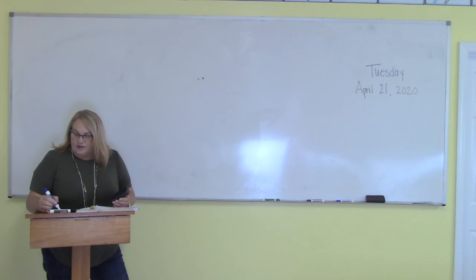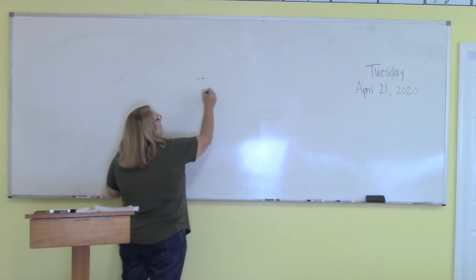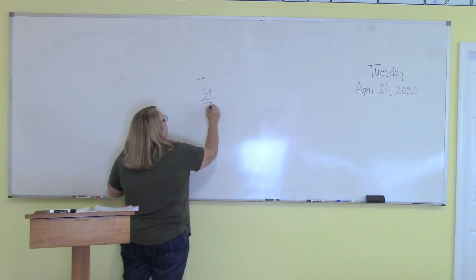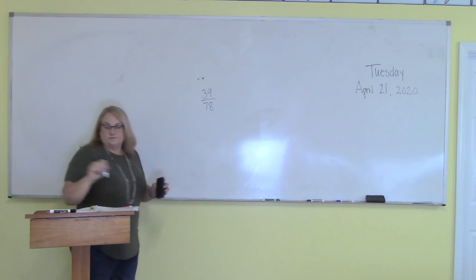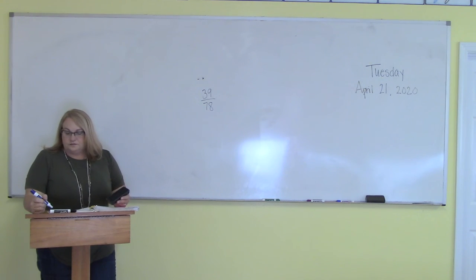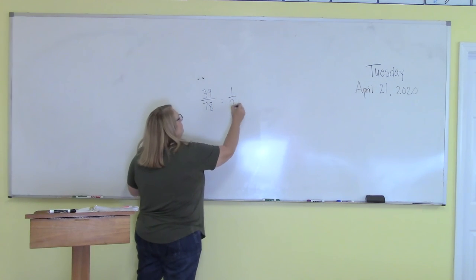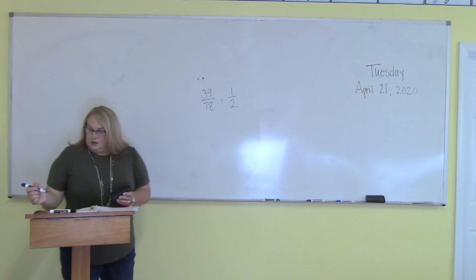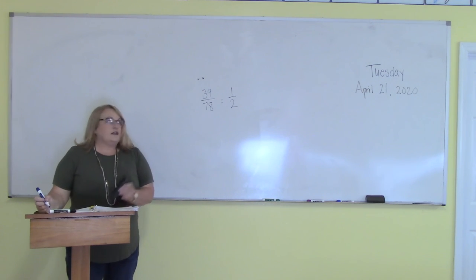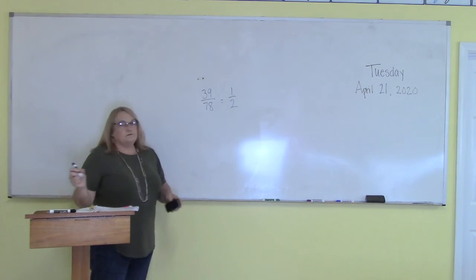Okay, let's look at 9B. 39 is what part of 78? This can be reduced to 1/2. 39 is what part of 78? It's half of 78. 1/2.